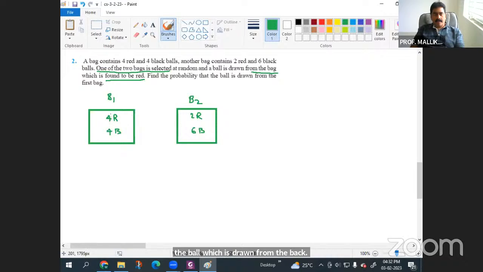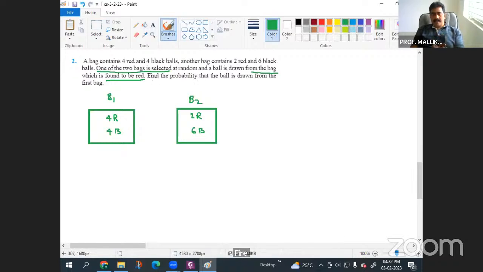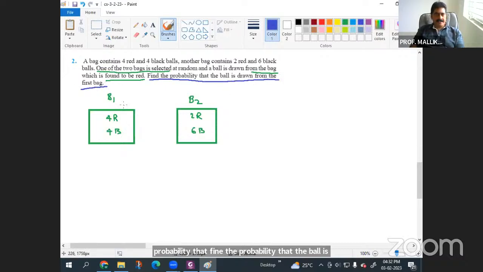So red is there in both the boxes, box 1 and box 2. Now, particularly they are mentioning, find the probability that the ball is drawn from the first bag. In the 2 bags we have red, but they have mentioned particularly box 1. Out of 2 boxes they have mentioned one particularly.